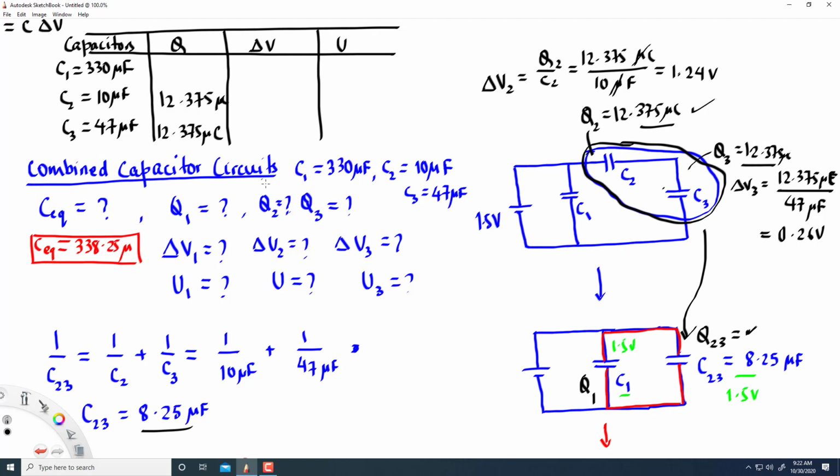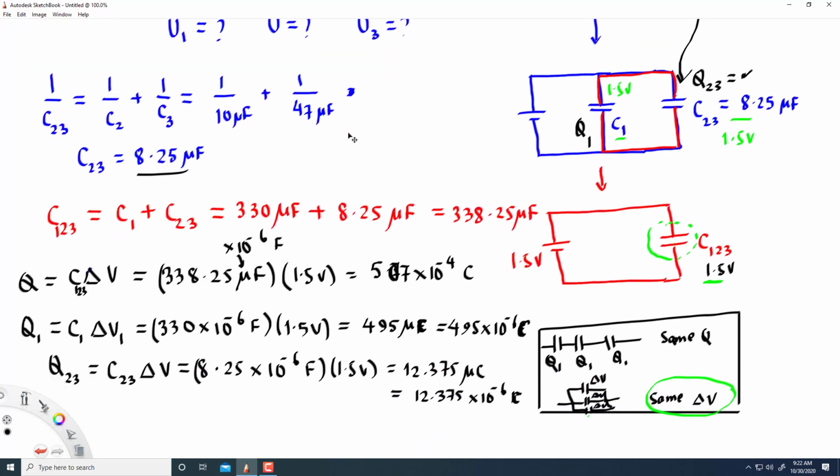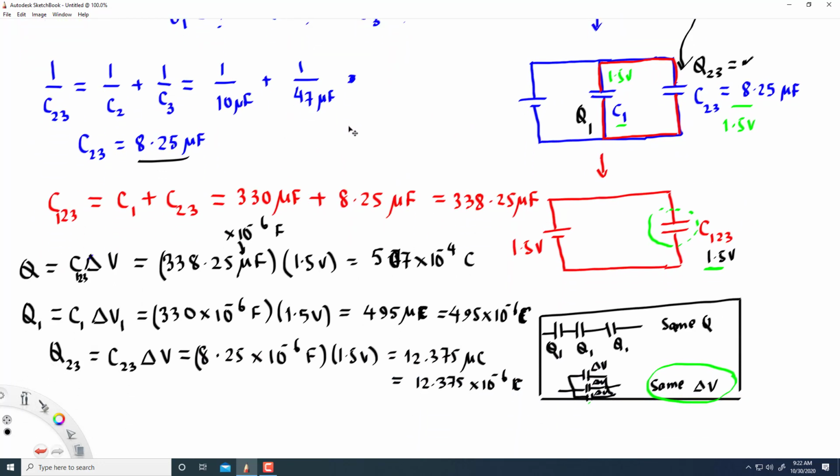And then on Q1, let's see what we got. Can you guys tell me what you got for Q1? We found that somewhere down here. Q1? 495. Yeah, so 495 microcoulomb.